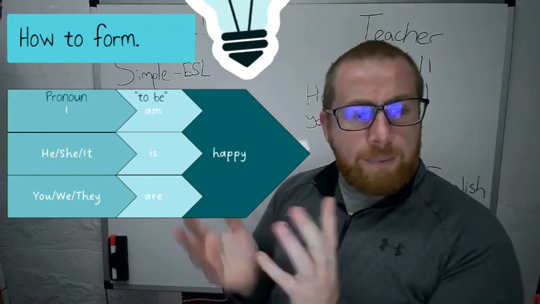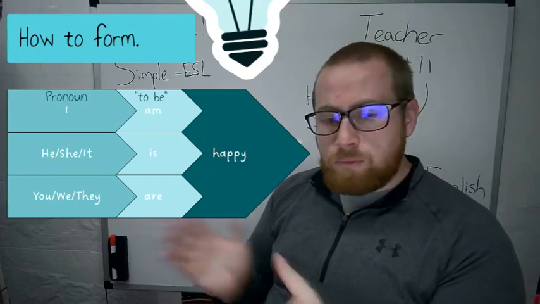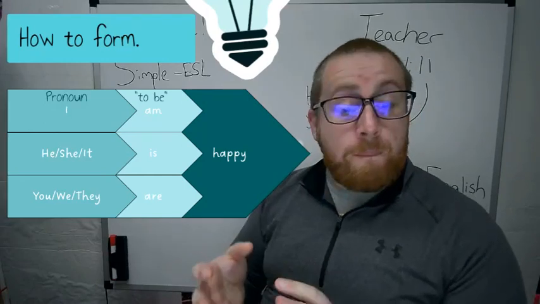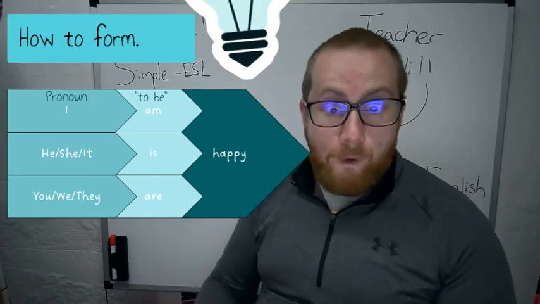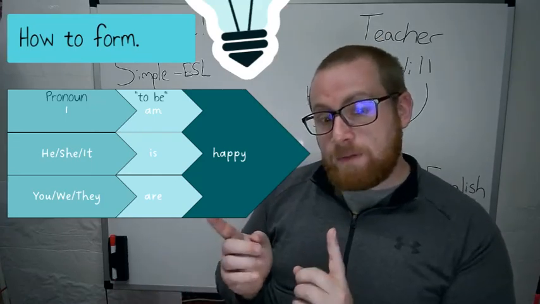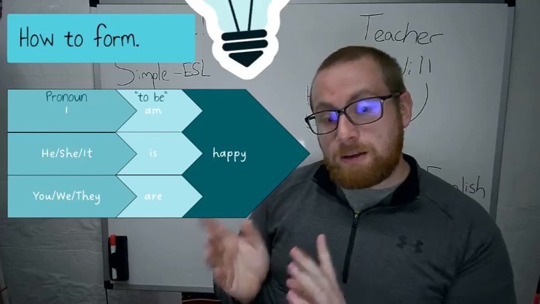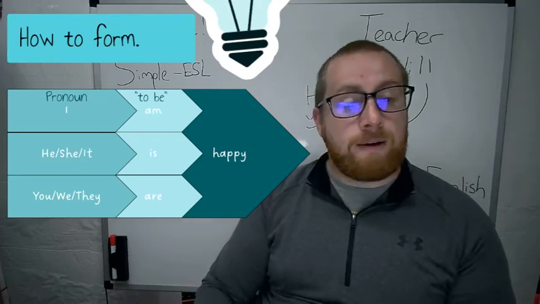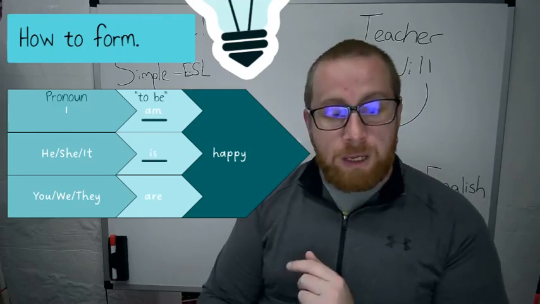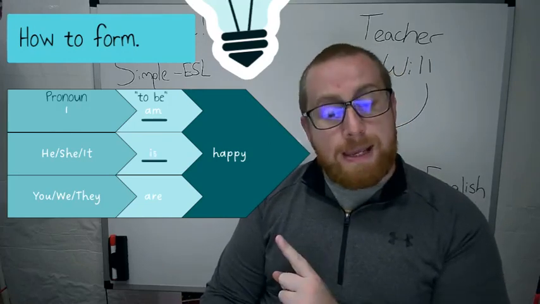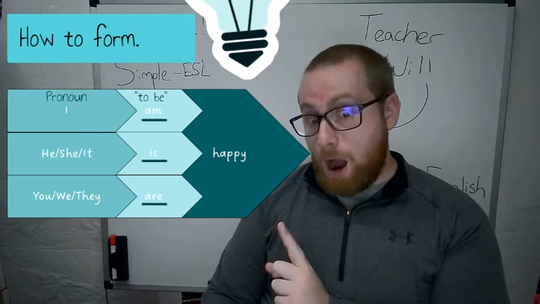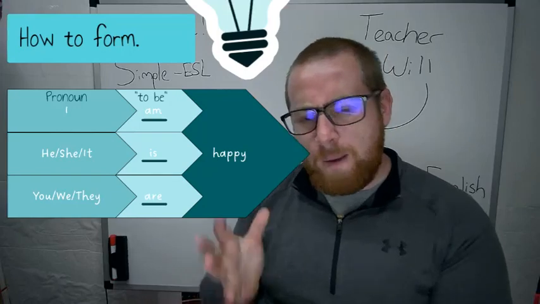You are happy. We are sad. We can see that depending on the pronoun, this will affect the way the verb to be looks and changes. I am happy. He, she, it is happy. You, we, they are happy.